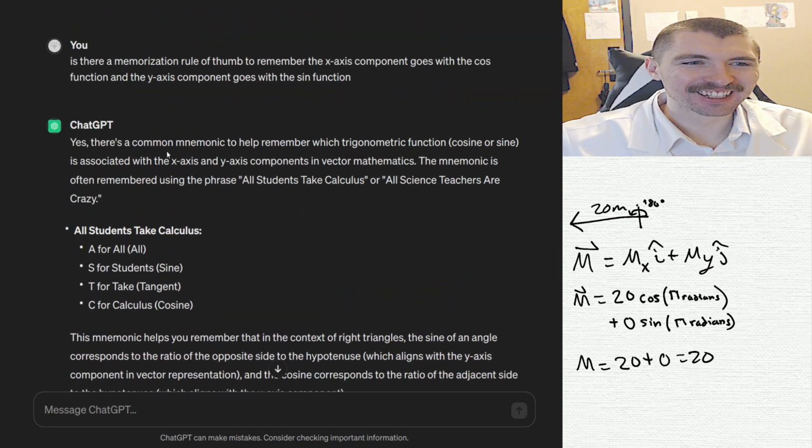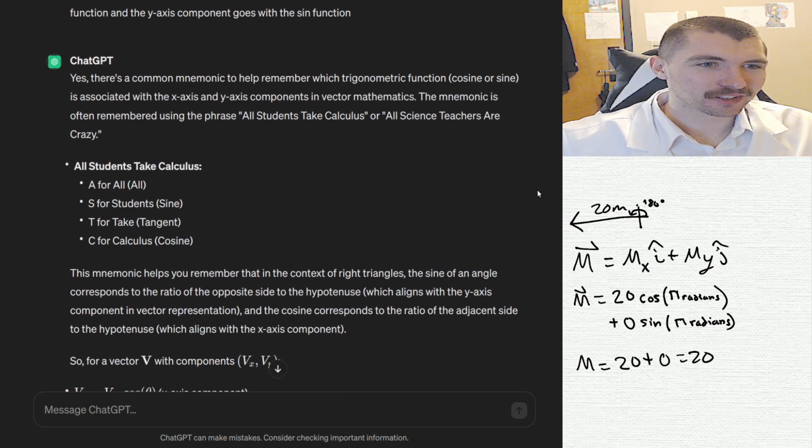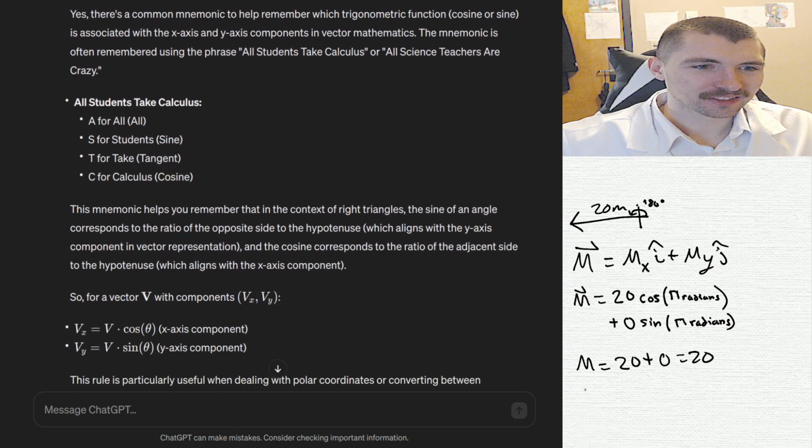What is this? It actually gave me something. Okay. For vector mathematics, the mnemonic is often the phrase "all students take calculus." What's A?